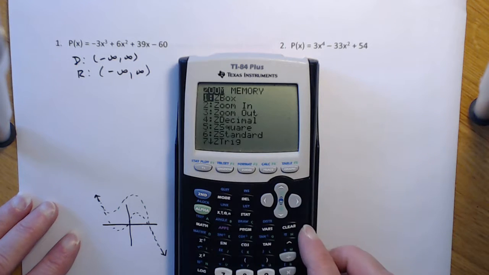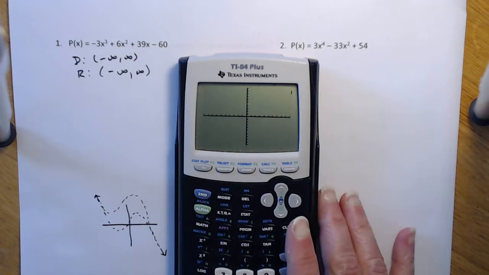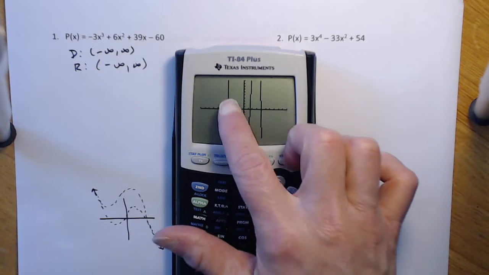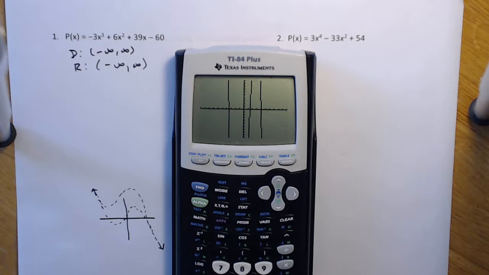Now again, I'm going to hit zoom 6, which is unlikely to be a very good window. I can see 3 parts here, and I'm going to just have it graphed again. You see it come down, shoot back up, and then come back down again.